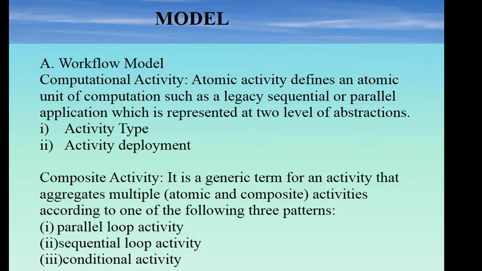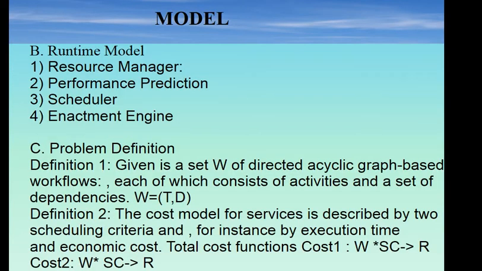The next model is the runtime model. Here there are four components they have considered. The resource manager is responsible for negotiation, reservation, allocation of resources, and automatic deployment of services required for executing grid applications.